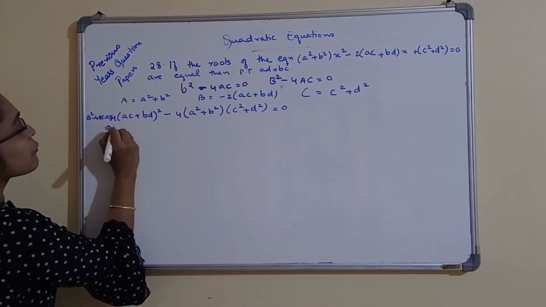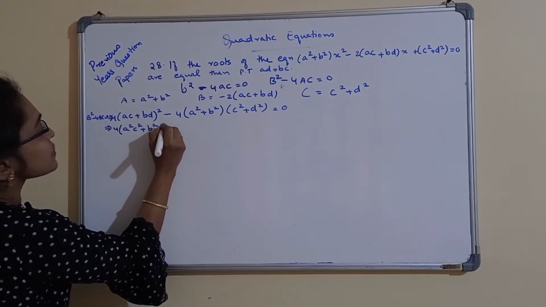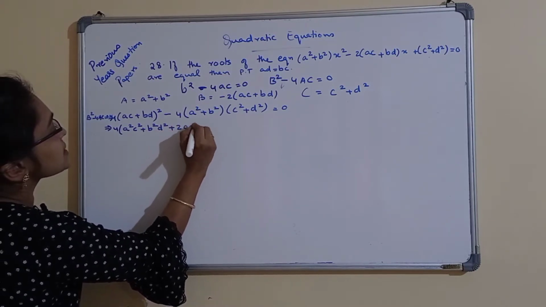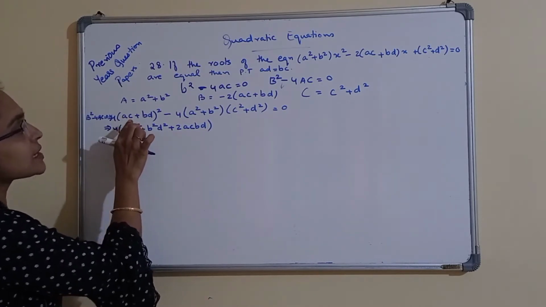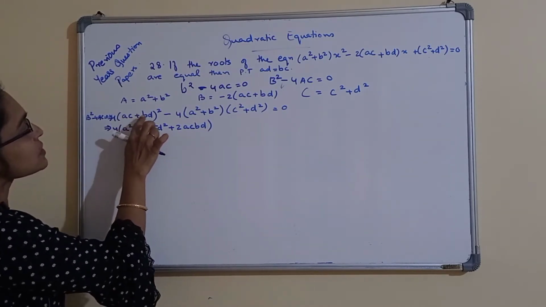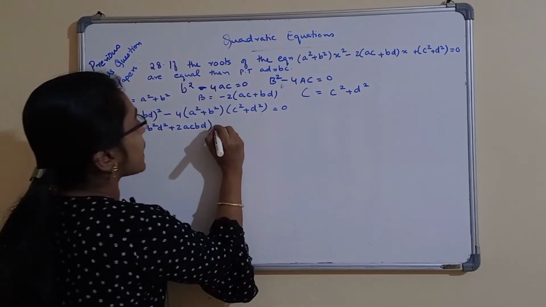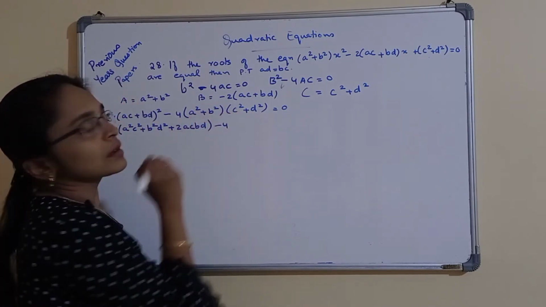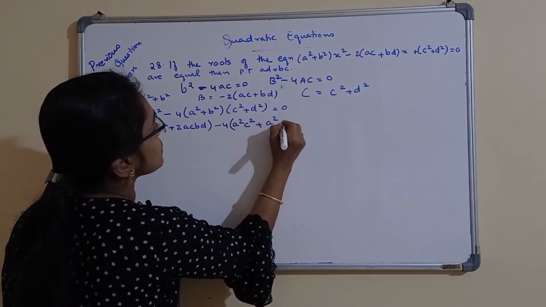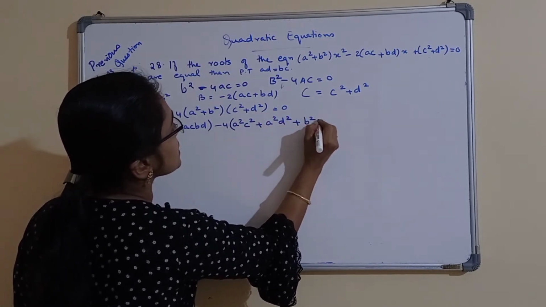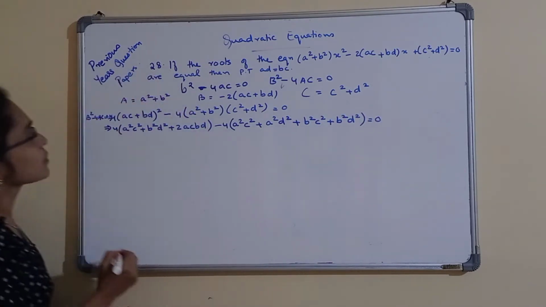So this implies 4 into (a square c square plus b square d square plus 2acbd). Right? This is a square c square. (ac plus bd) whole square is a square c square plus b square d square plus 2acbd. Now minus 4 into, we can multiply this, (a square c square plus a square d square, then plus b square c square plus b square d square) is equal to 0.